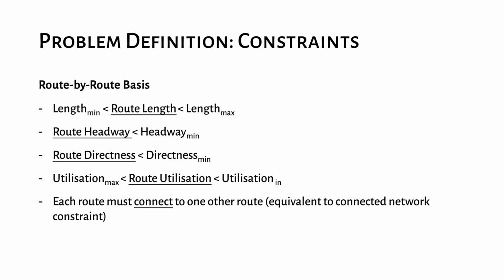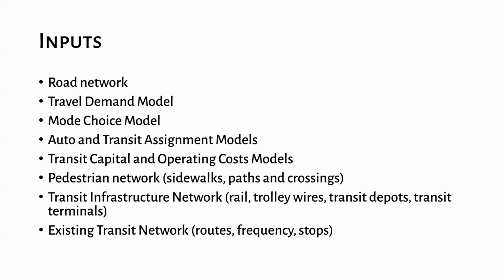Route utilization, that comes from the transit assignment model, to see how well or badly your route is being utilized, and each route must connect to one other route. This is equivalent to the connected network requirement, not equivalent actually, but similar. If each location is served by a route, and each route is connected, your network is connected.